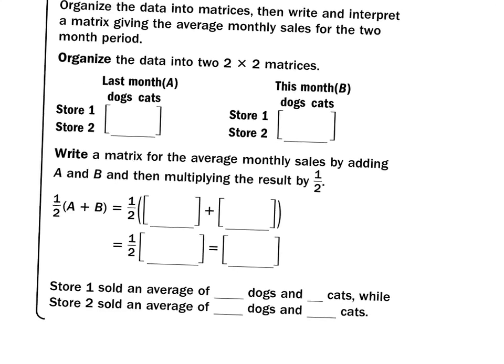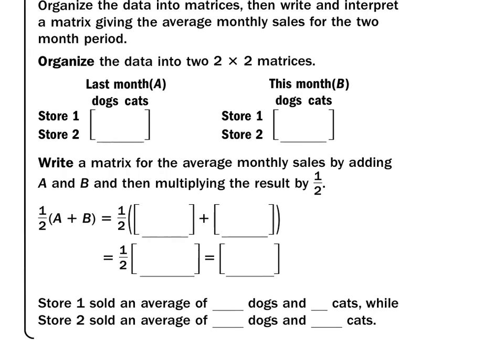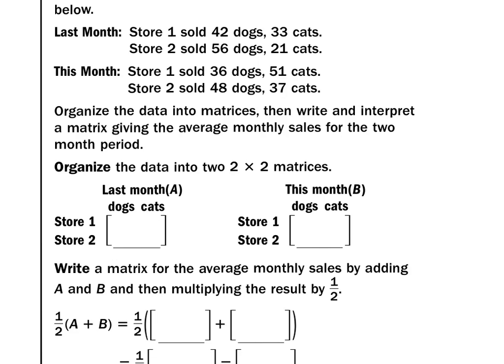So, let us do last month. Last month, store 1 sold 42 dogs and 33 cats. Then store 2 sold 56 and 21. This month was 36, 51, 48, and 37. Okay, so those are our 2 matrices.